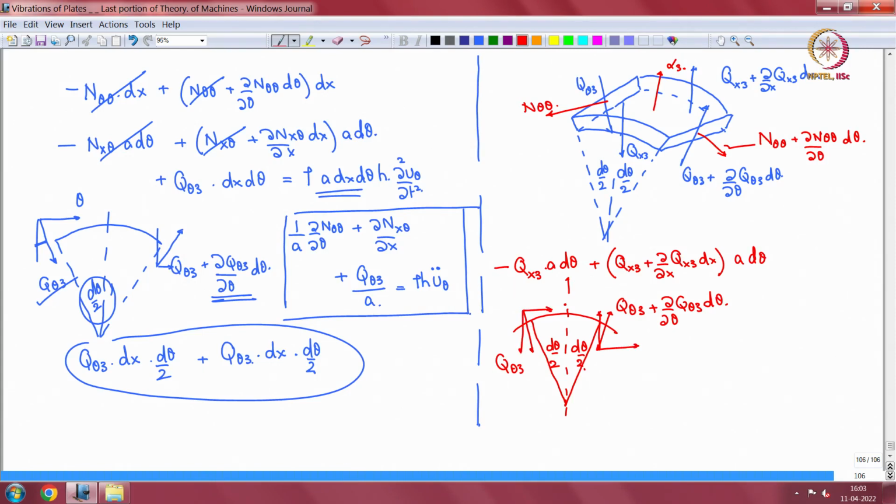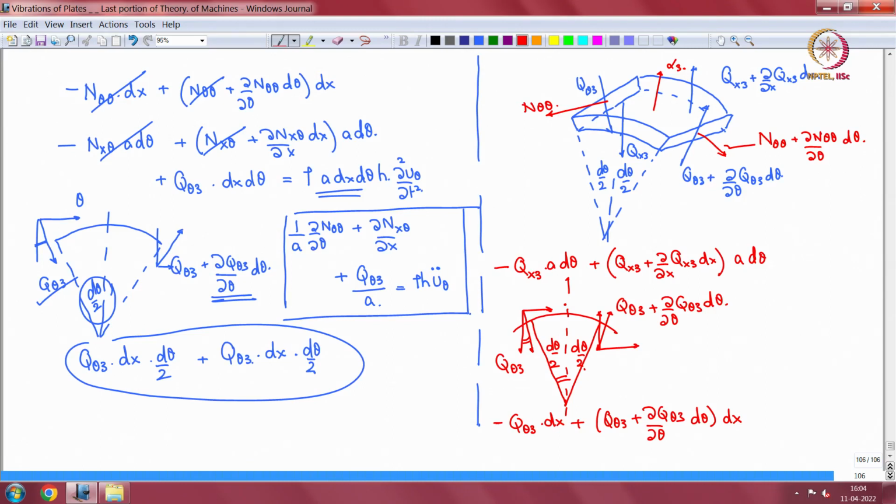This time they are opposed, and if this is d theta by 2, this is d theta by 2, so I need the cosine of that angle, which is that itself for small angles. So I get minus q theta 3 into dx, a full force, plus q theta 3 plus del q theta 3 by del theta d theta into dx.